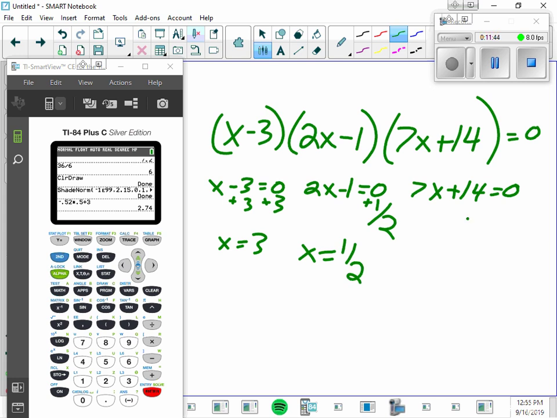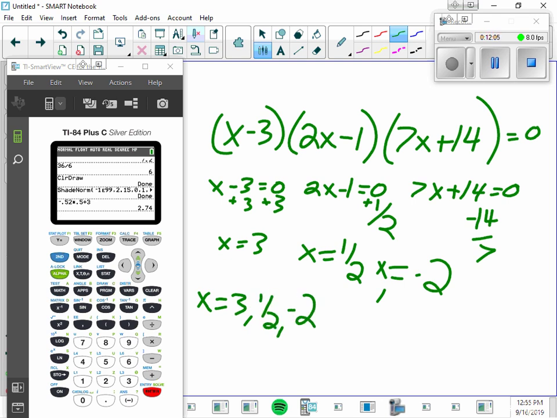And then the last one, I subtract 14 and divide by 7. And I get x equals -2. Now, you can write x equals 3, x equals 1/2, and x equals -2. If you're lazy like me, which I assume you are, you can just do this. Just separate them by commas.